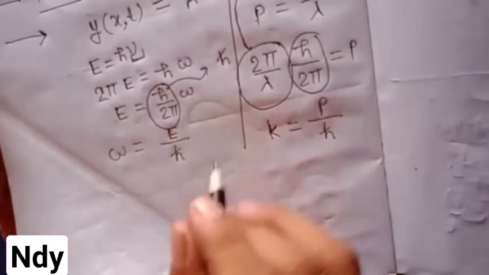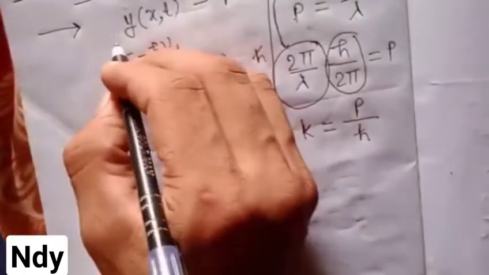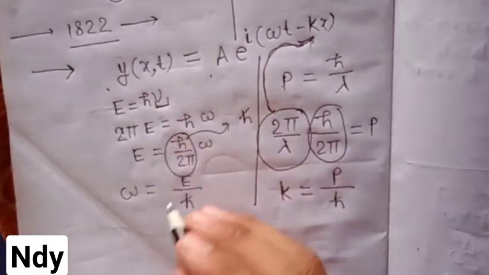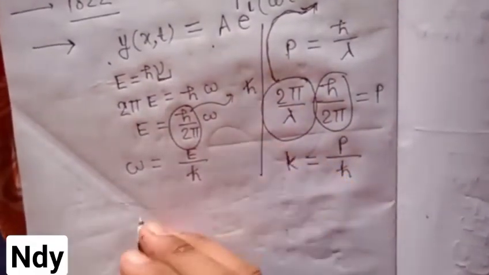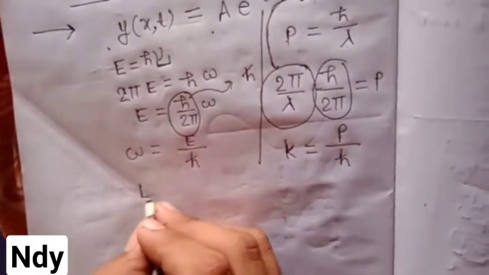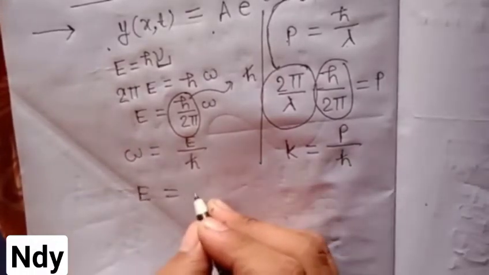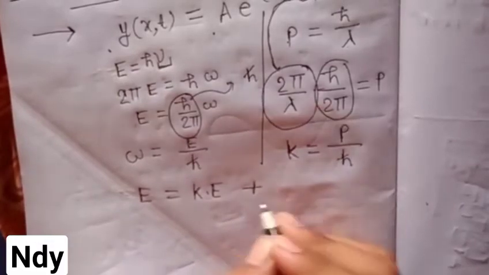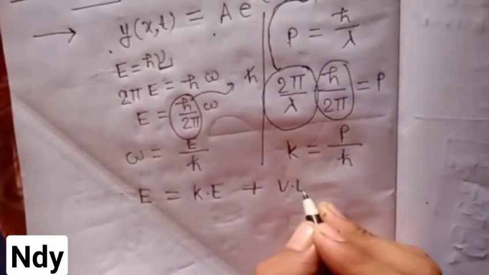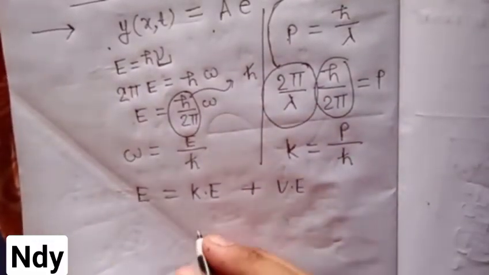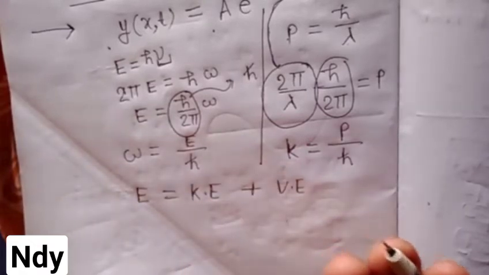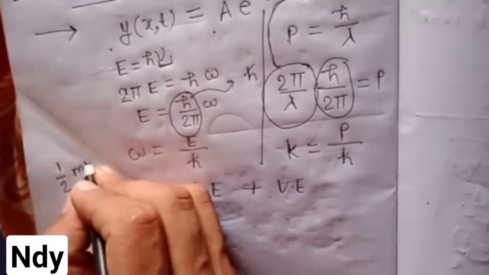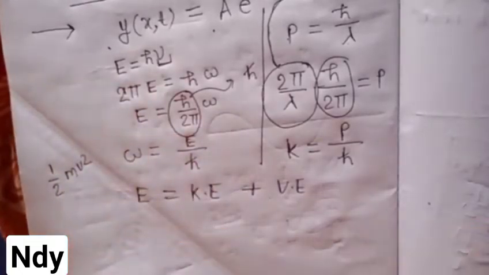So we replace these two things in this wave equation, and we differentiate this, and we know about a particle, the total energy of a particle is the sum of its kinetic energy plus potential energy. So let the kinetic energy of the particle, and we know the kinetic energy is half m v square in the non-relativistic case.